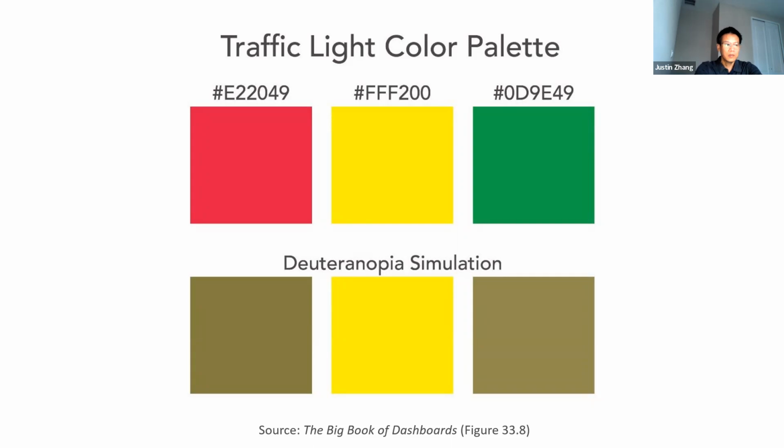So sometimes you may be forced into the traffic light color palette, even in situations when you cannot create an accommodation. So in this case, here are some color palettes that should help you design traffic light colors that can be useful.